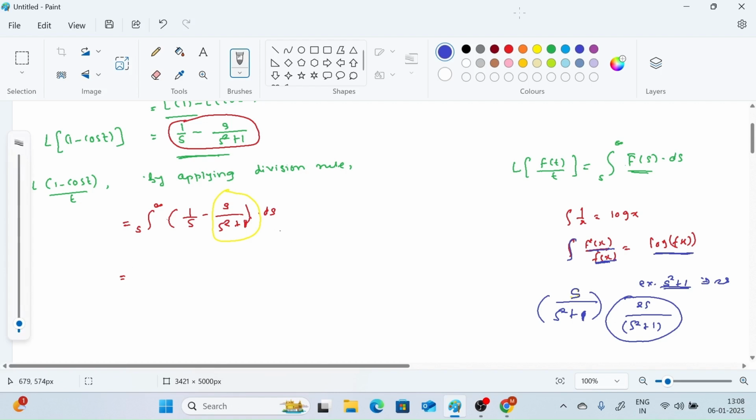The same situation is here. We have s upon s square plus 1. The only missing part is 2, so we are going to balance the term 2. I'm going to write the integration from s to infinity.